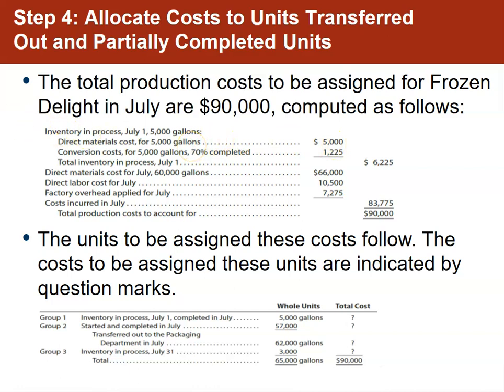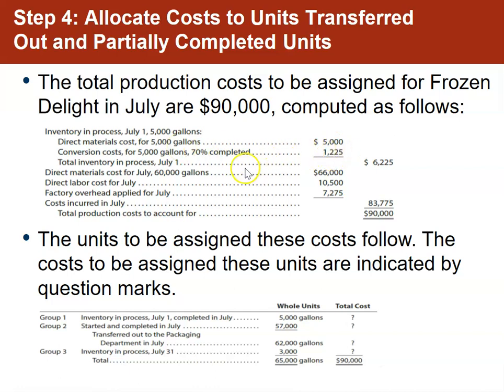Now remember, in the month of July, our materials were costing us $1.10 per gallon. But we probably don't even need a calculator to figure out that $5,000 divided by 5,000 gallons is only $1 direct materials cost back in the month of June. So this is a change here.